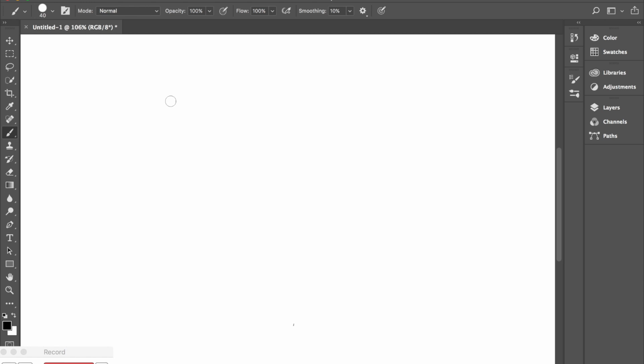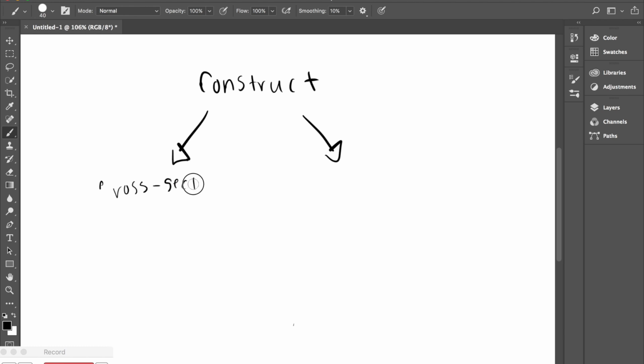Okay, so I have my construct validity that I looked at. And within construct validity, I'm going to have two more divisions. I'm going to have cross-sectional construct validity, and I'm also going to have longitudinal construct validity.